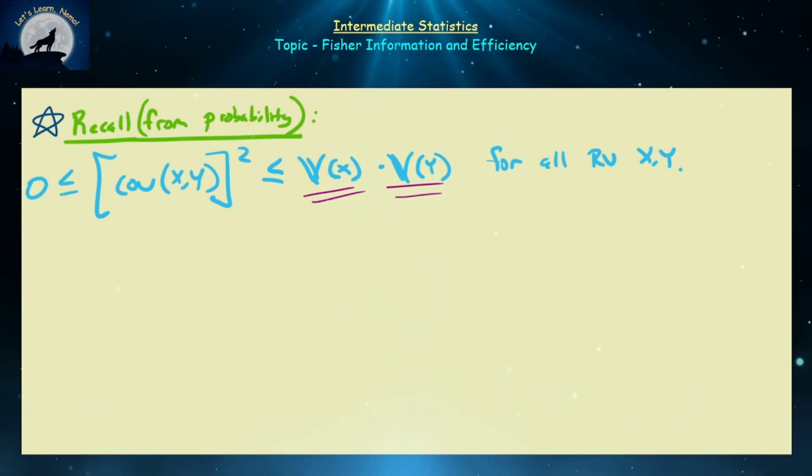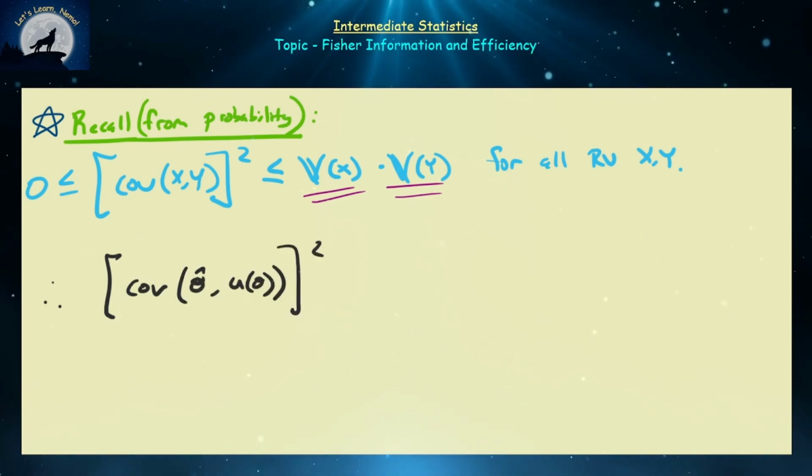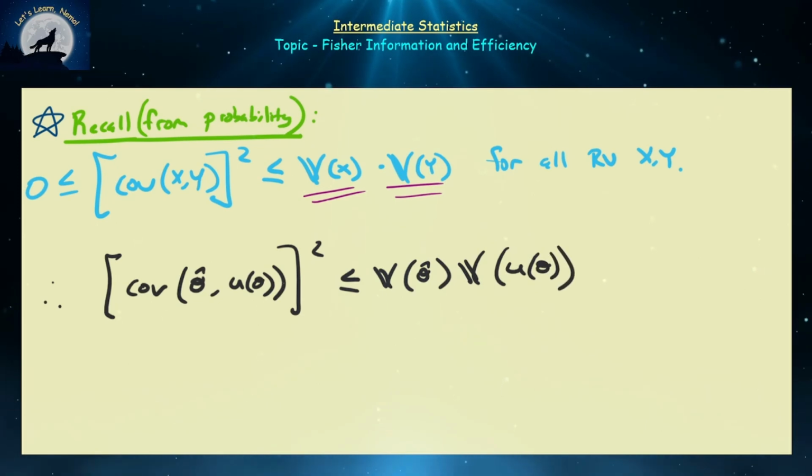But using this, what do we get in terms of theta hat and the score? So this means that the covariance between theta hat and the score function for theta, squared, will always be less than or equal to the variance of theta hat times the variance of u of theta.